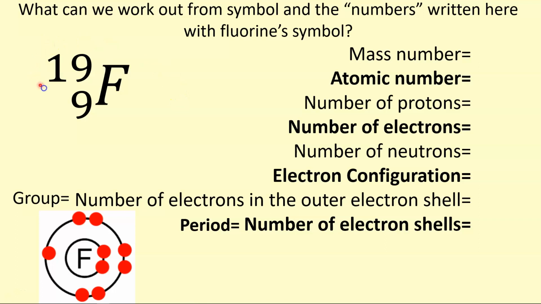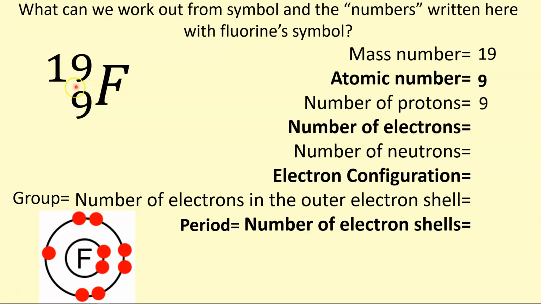So the bigger number is the mass number, which is 19. The atomic number is the smaller number associated with each element, which is 9 in this particular case. If it's got an atomic number of 9, this means it's got 9 protons.